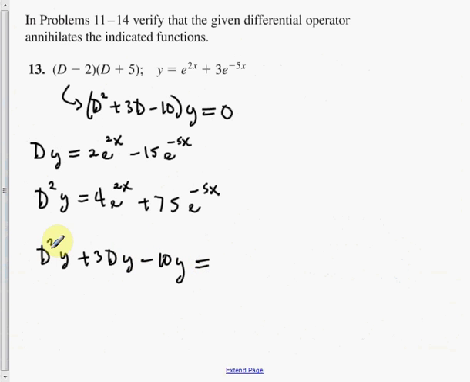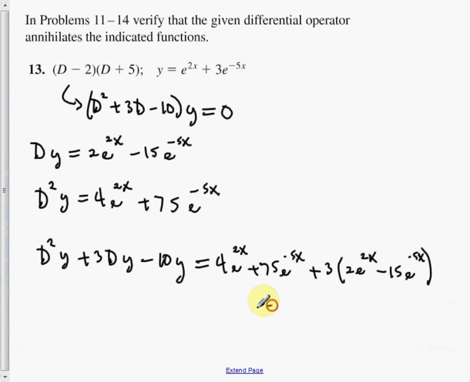Let's see what that is. So this D squared is 4e to the 2x plus 75e to the negative 5x, plus 3 times D, and D was 2 times e to the 2x minus 15 times e to the negative 5x.